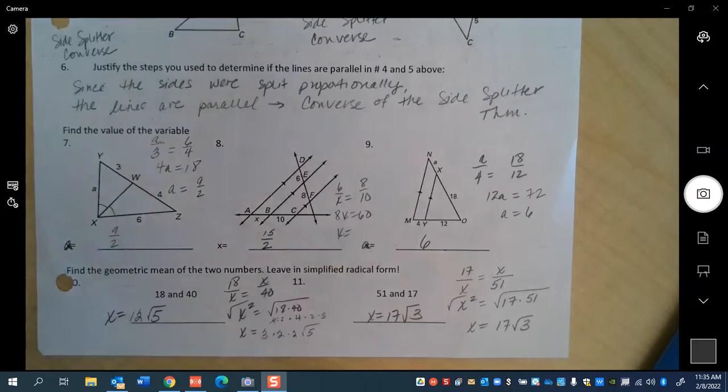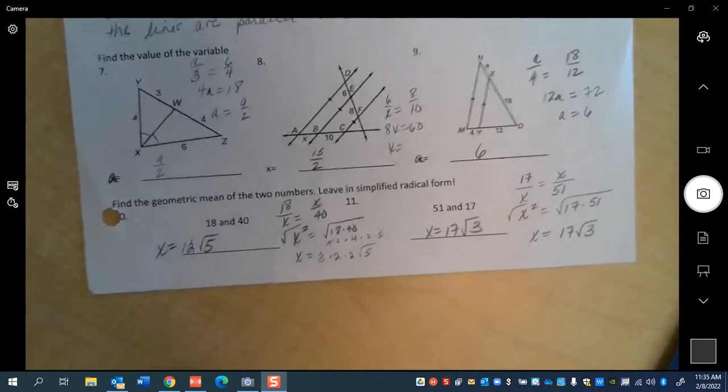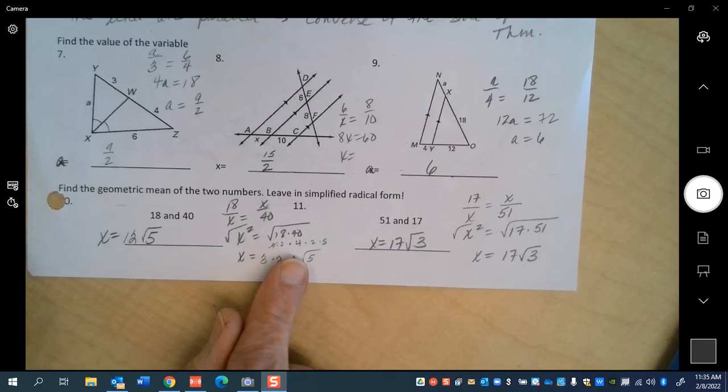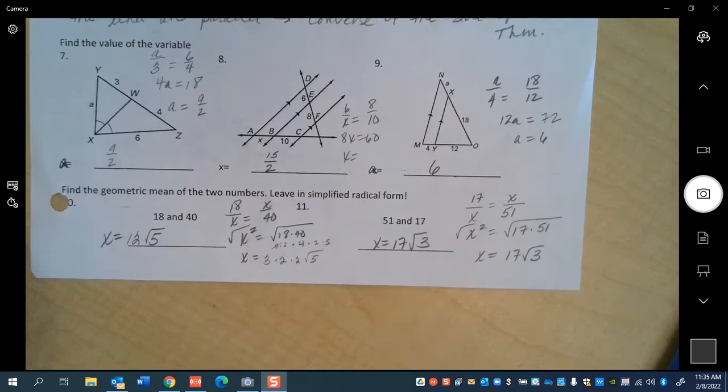Okay, so we had a question about the geometric mean when we're finding the geometric mean. So there's two kinds of basic operations that we do in mathematics: addition and multiplication. Subtraction is the inverse of addition.